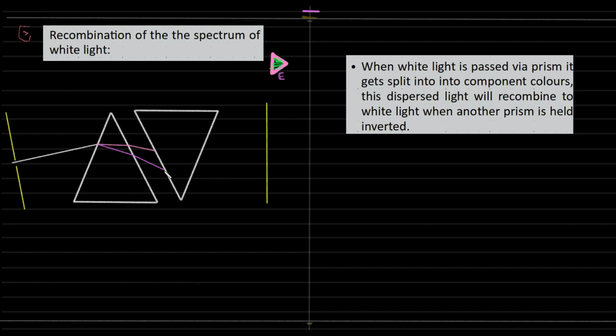So this spectrum recombines. Okay, so they recombine. How does it? It will bend towards the normal. This will also bend towards the normal. And they recombine, and we have the white light again in this way.